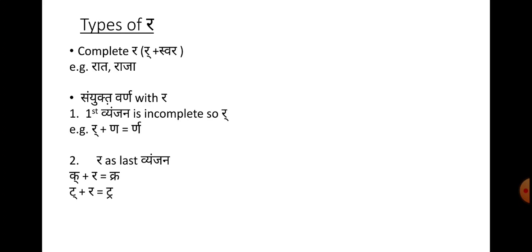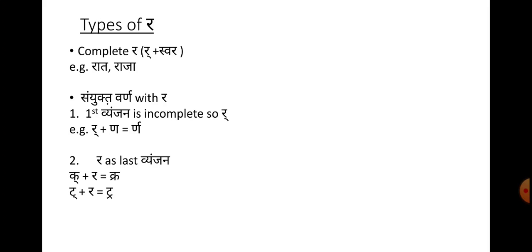Okay. So how do we write it? See, here in kr, can you see this small slant line written there? Right. So this is kr. Okay. So all the Vyanjan which have a standing line in them, you can write their Sanyukta Varna where r is coming last.